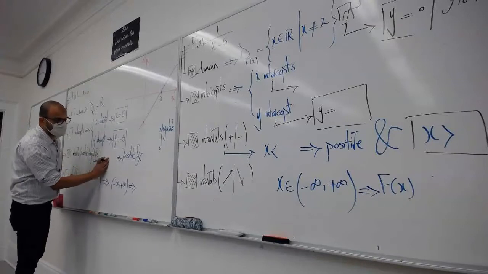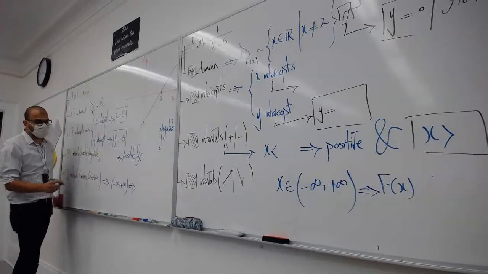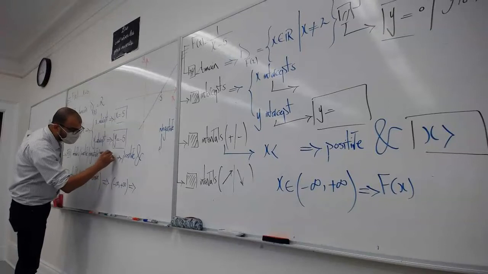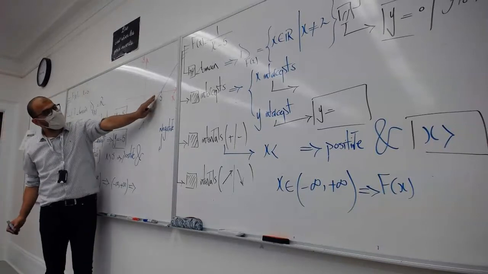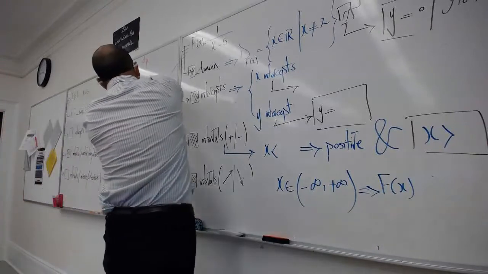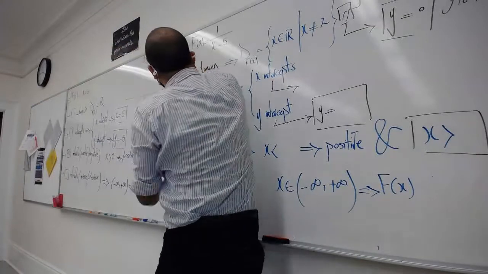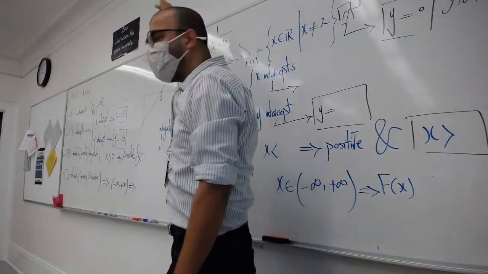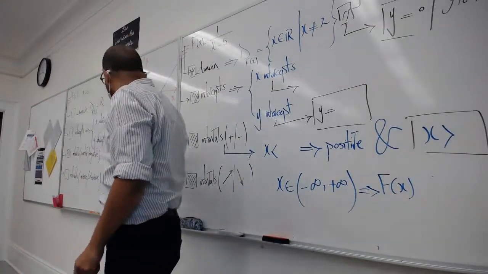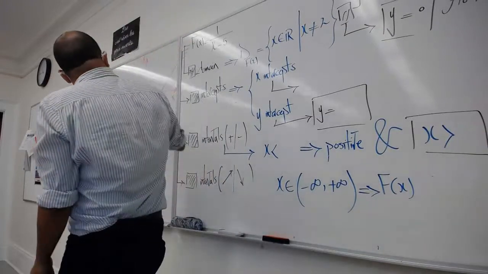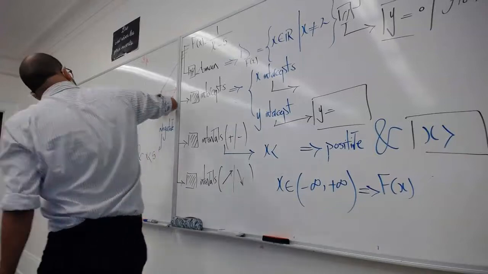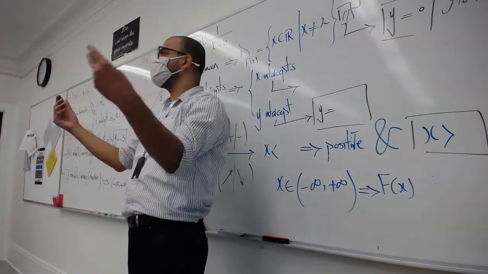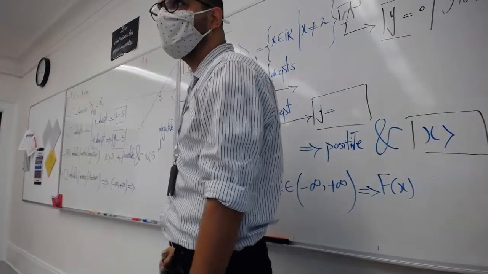Then the positiveness of the function is where x is greater than 5. Because x, Caitlin, greater than 5, you see that it is all above the x-axis. And that's why x greater than 5 is positive. And you see that when x is less than 5, which is standing here, the function becomes negative.